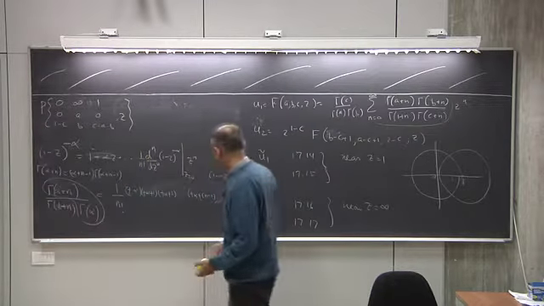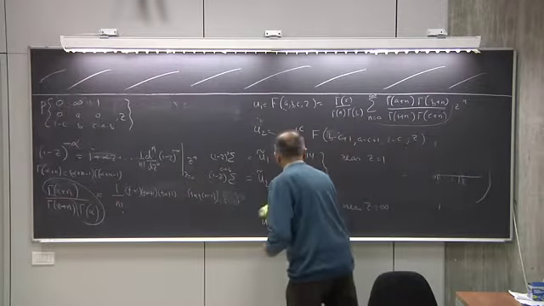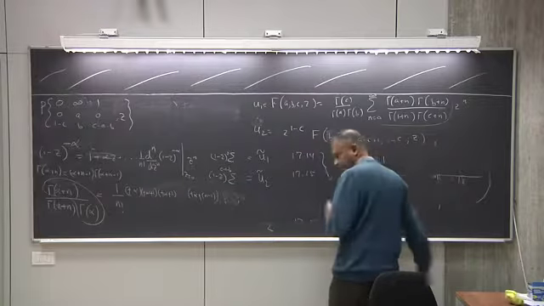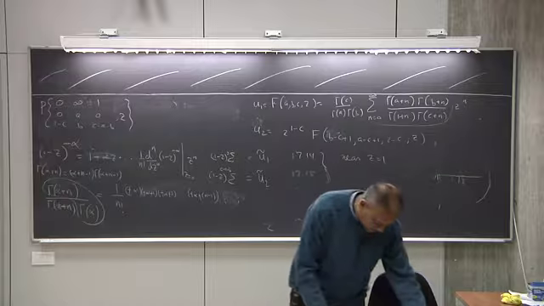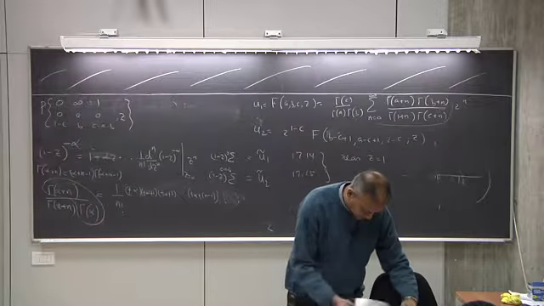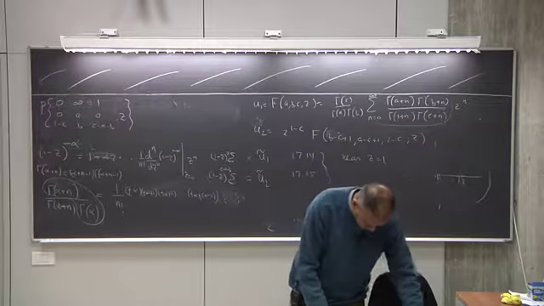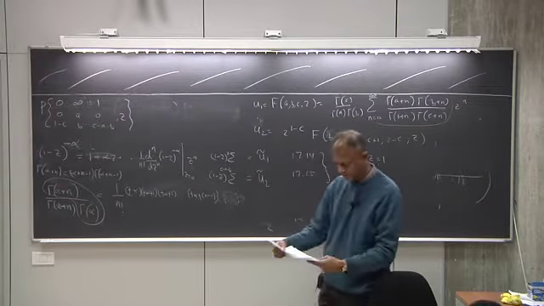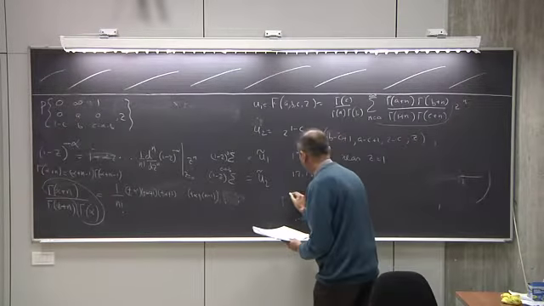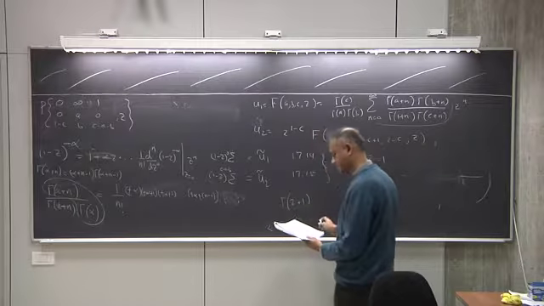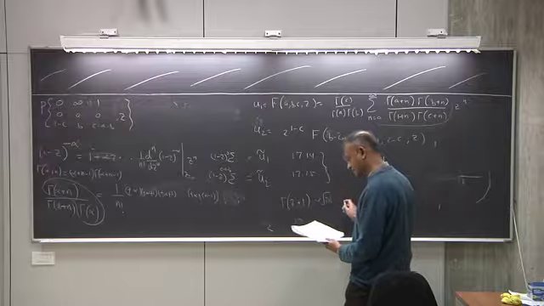Okay. So let's remember what the Stirling formula is. Yeah, the Stirling formula was this. Gamma of z plus 1 behaves like, okay, some constant factors, root 2 pi.